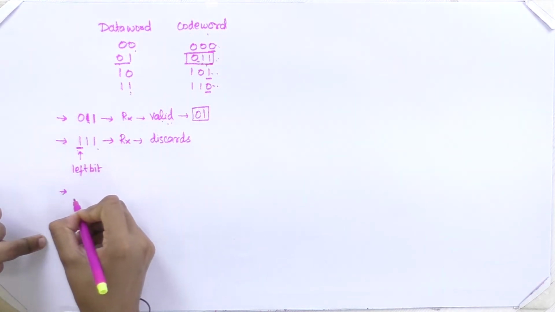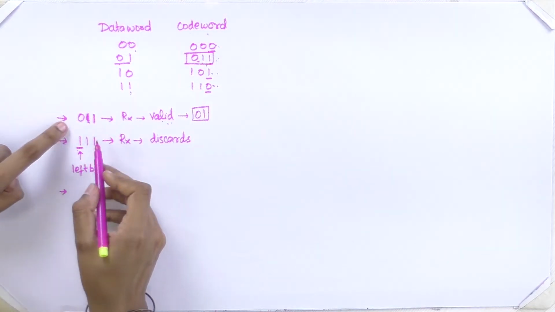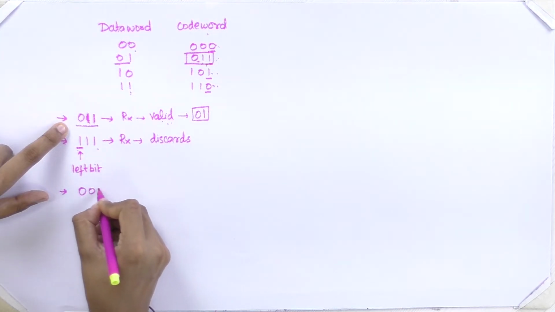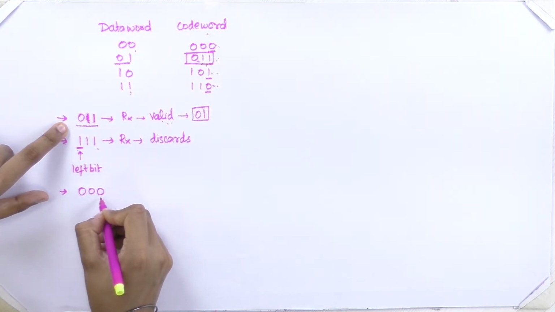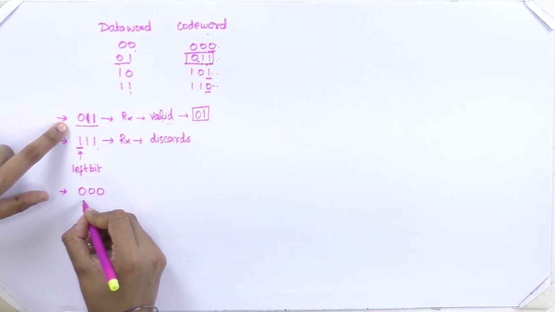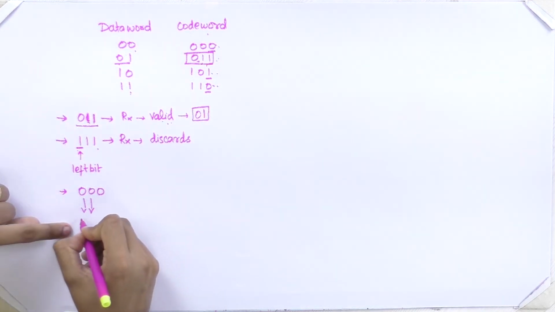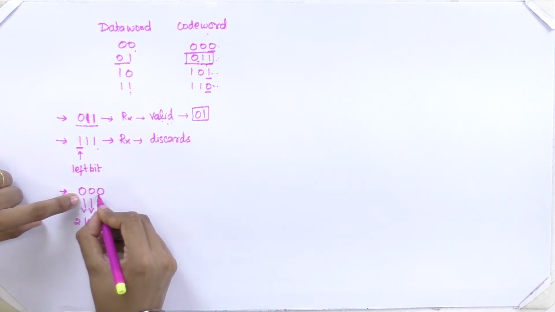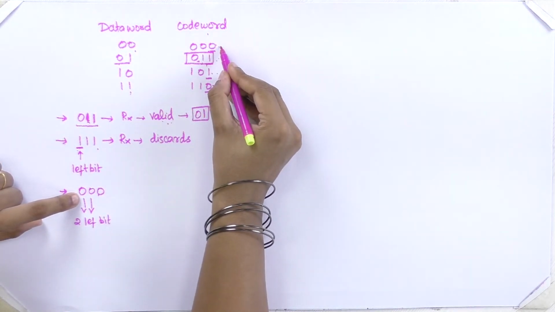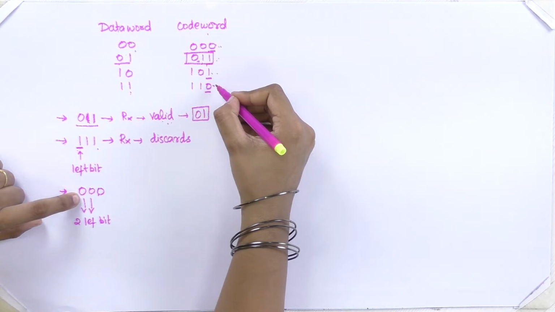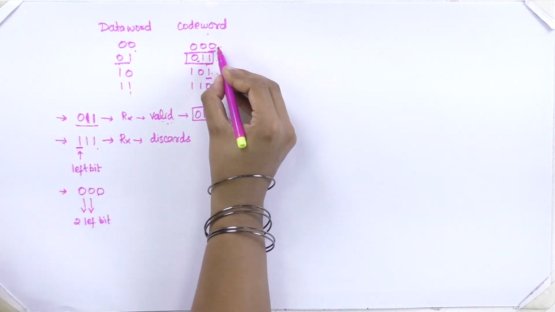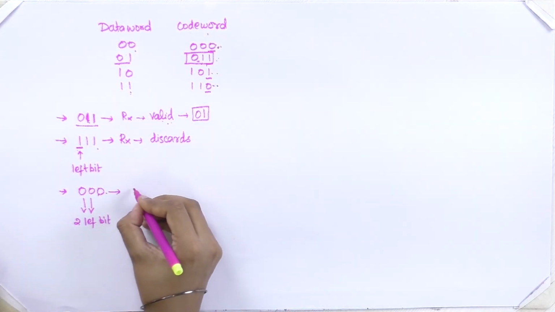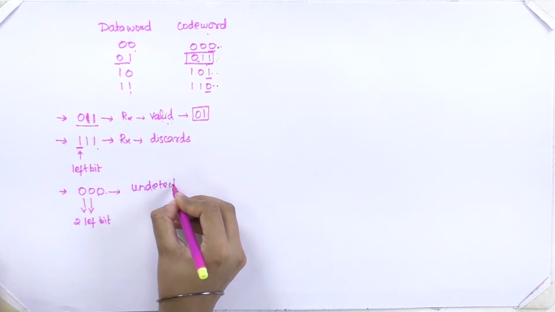Next, coming to the third case, this is my original message. On the receiver side, he has received 3 zeros, which means the two leftmost bits got affected. Upon receiving this, when you check with the code words in the table, this is a valid code word mentioned in the table. So the receiver leaves the error undetected.